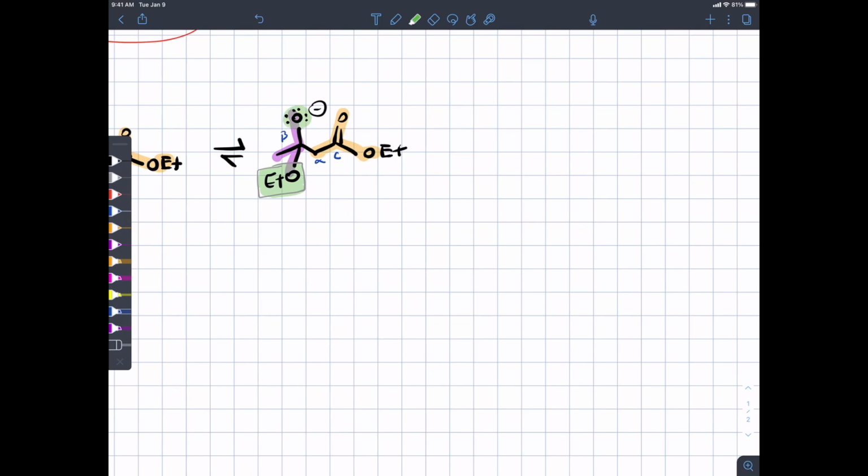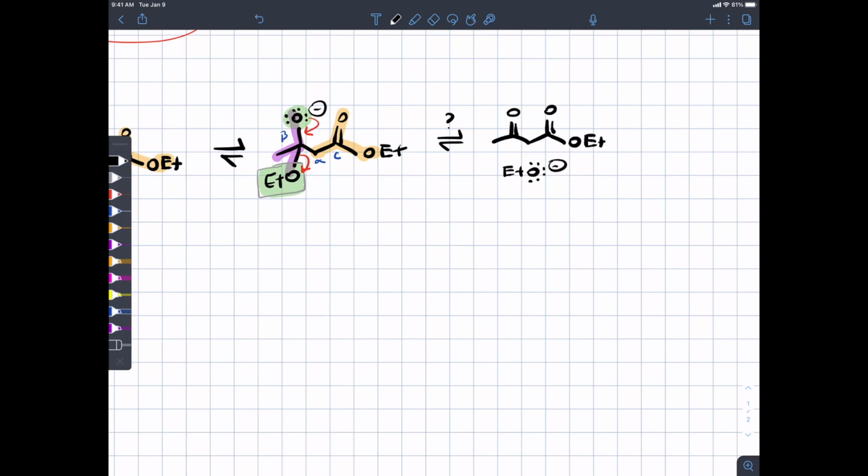So basically we're comparing these two groups, and we're asking the question, is it reasonable for these electrons to kick down and for ethoxide to leave? Of course, if that happened, this would be the product that we get, but ethoxide would have been the leaving group.